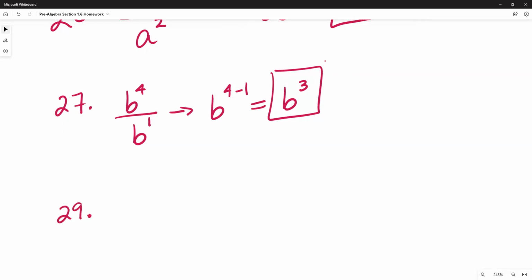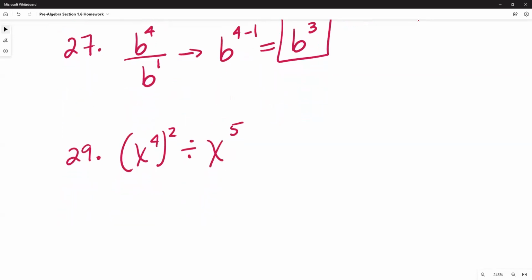All right, so x to the power of 4 squared divided by x to the power of 5. All right, Julian, we got a couple things going on here. What do we do first? So in order of operation, what goes first?